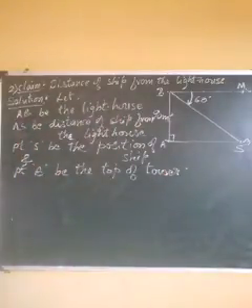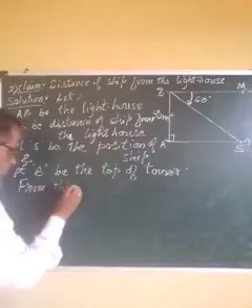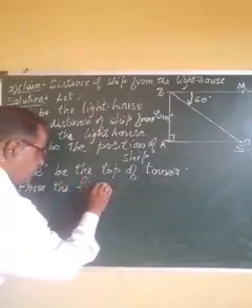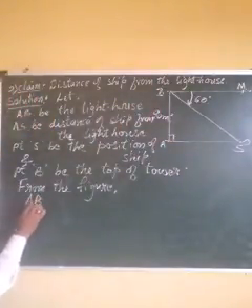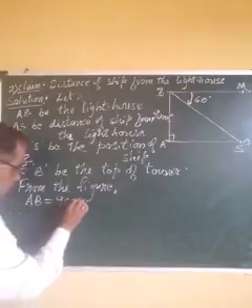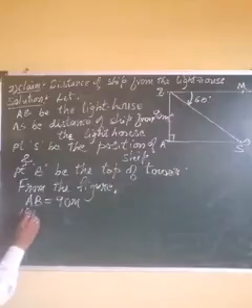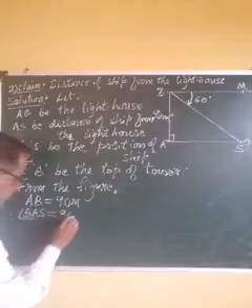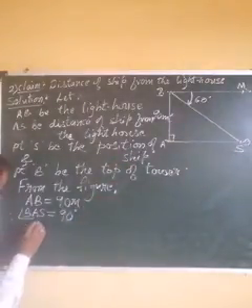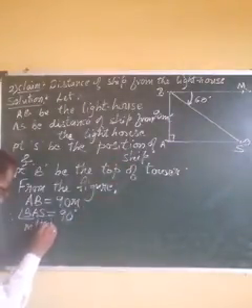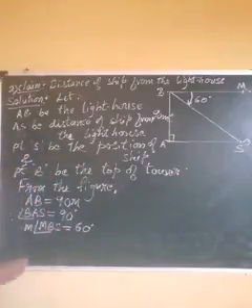Now again from the figure, or you can write from the problem, we get AB equal to 90 meters, angle BAS is equal to 90 degrees, angle MBS, the angle of depression, is equal to 60 degrees.